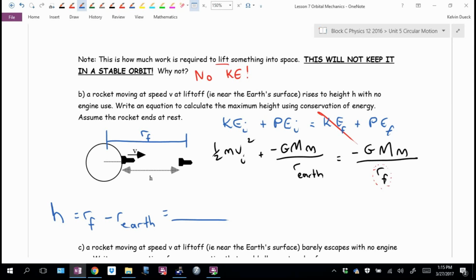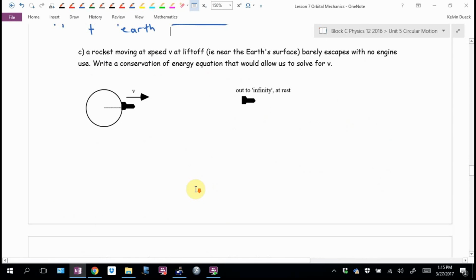All right, what else could I throw at you? Here's a rocket moving at speed v at liftoff, so initial kinetic energy is not 0 this time. And it barely escapes with no engine use. They fire the rockets, we turn the rocket off, we coast. Write a conservation of energy equation that will allow us to solve for v. Where do we end up?